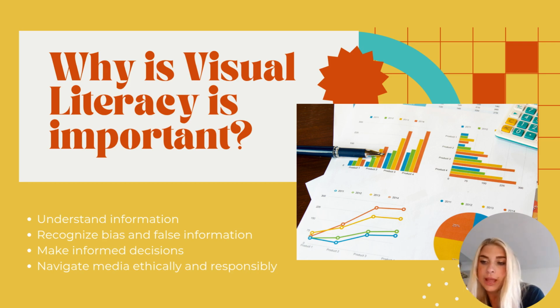We can also create our own visuals to help us communicate our own ideas when creating presentations, projects, or digital content. By developing these visual literacy skills, we can become more confident and we can navigate a digital world more ethically and responsibly.